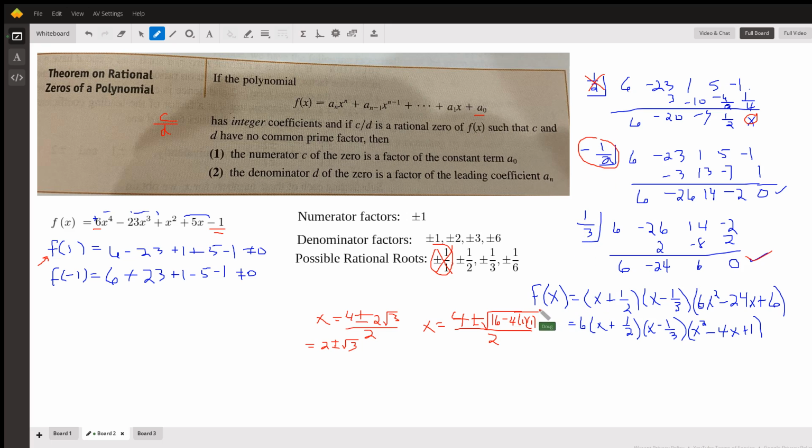So that means that the original function is x plus a half times x minus a third, times the residual function, from which I can factor out a 6. So I'm going to find the roots of this by setting it equal to 0.